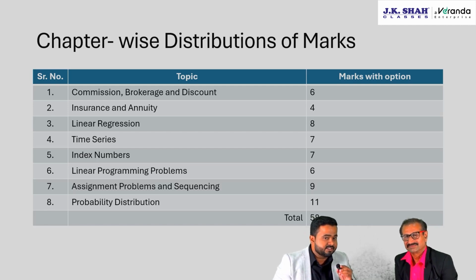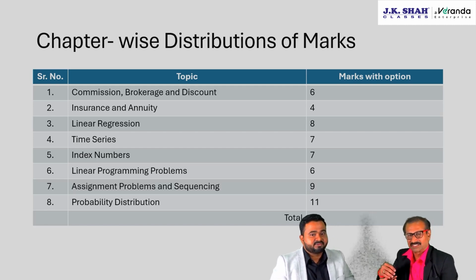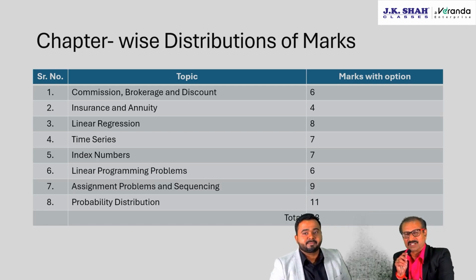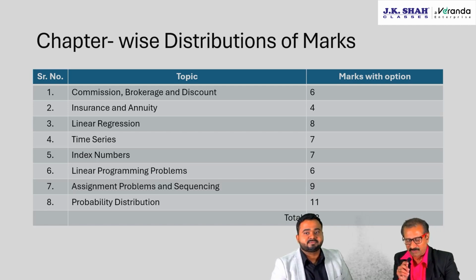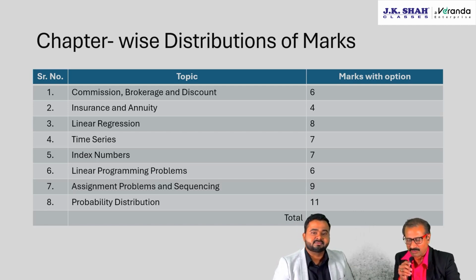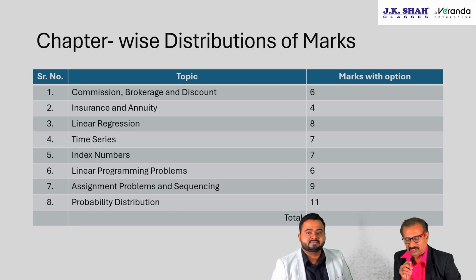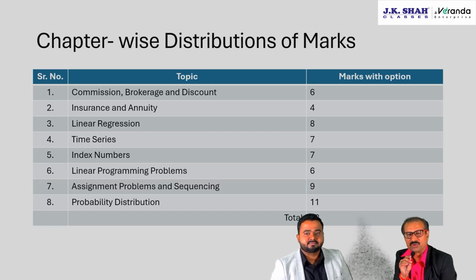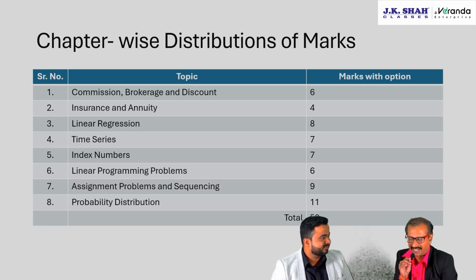Now time series, sir. Yeah. As far as time series is concerned, prepare the questions based on 3 yearly moving average, 4 yearly moving average, 5 yearly moving average. You practice properly because in the time series and index numbers chapter, as per previous year experience, most of the students ignore time series and index numbers.